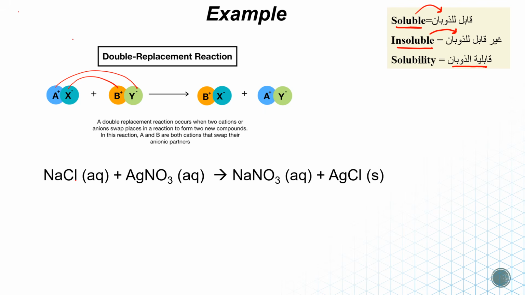So have a look here, guys. Look at this reaction. This is a double replacement reaction, right? And you will find here that this is a precipitate.